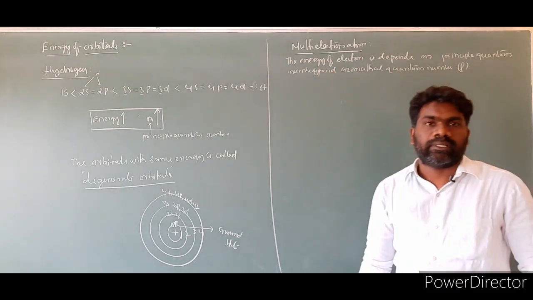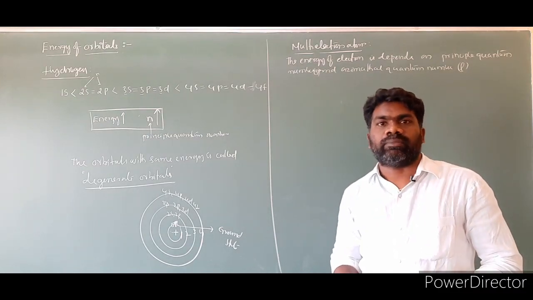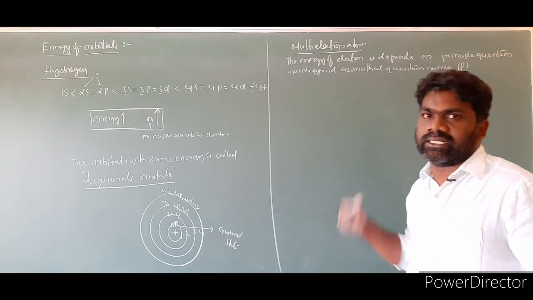In simple words, the energy of an electron depends upon the principal quantum number n value and the azimuthal quantum number l value; n plus l value decides the energy.